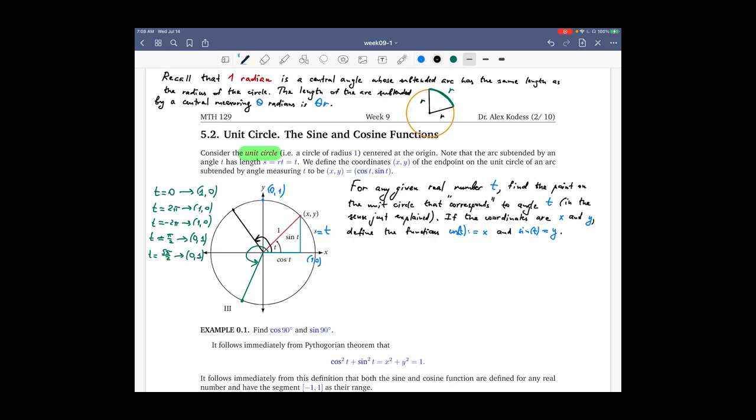I know it's a difficult definition. It's worth going over again.